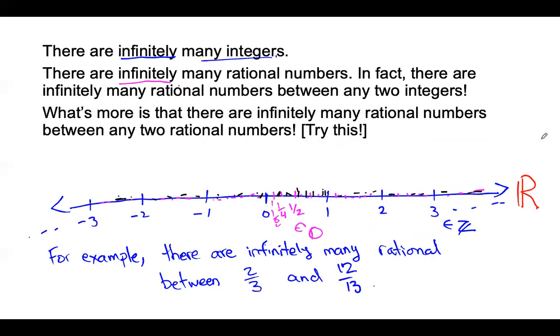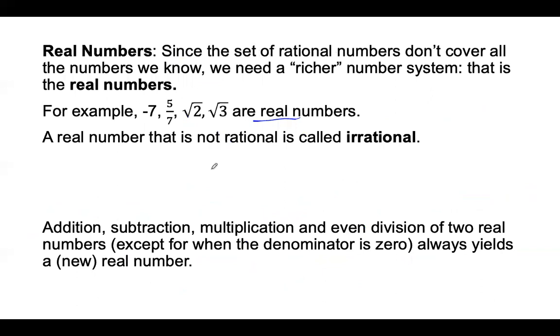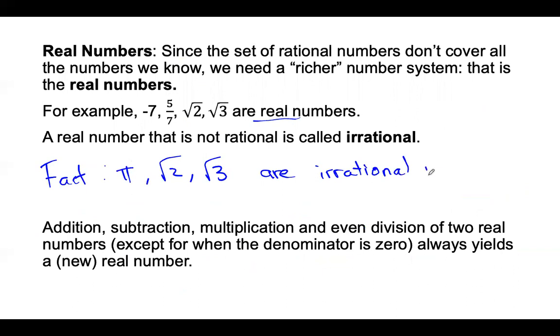So that's what I said back here: this red R is all the real numbers, rational plus irrational. A real number that is not rational is called irrational. Pi, square root of 2, square root of 3 are irrational numbers.